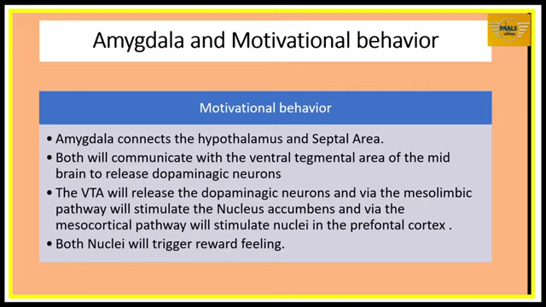And this is done via two pathways, the mesolimbic pathway and the mesocortical pathway. The mesolimbic pathway will stimulate the nucleus accumbens, while the mesocortical pathway will stimulate the nuclei in the prefrontal cortex. Both nuclei will trigger the reward feeling.